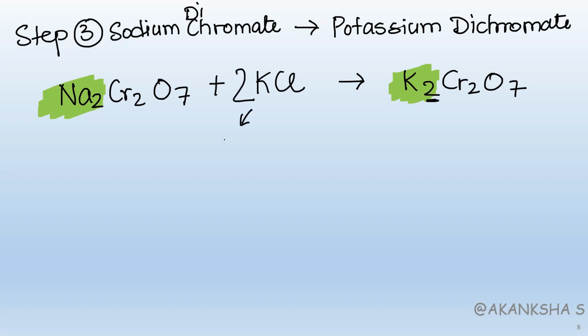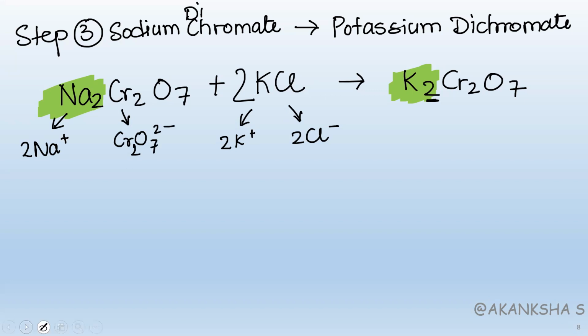How does this separate? This separates out as 2K+, 2Cl minus. This separates out as 2Na+, and this is going to be Cr2O7 2 minus. We know what combines and what's left behind. We know this combines and we are getting our probable product.